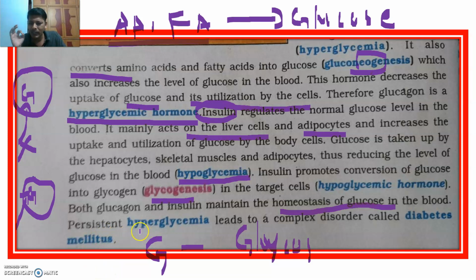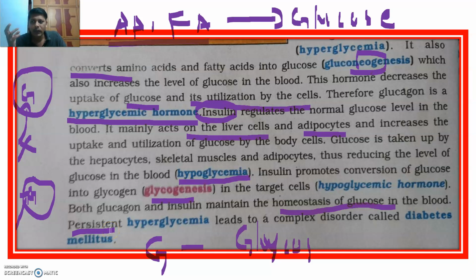Persistent hyperglycemia leads to a disorder. Every day in our body glucose levels increase, but that doesn't mean we have diabetes mellitus. Some people have glucose levels that stay high for a long time.